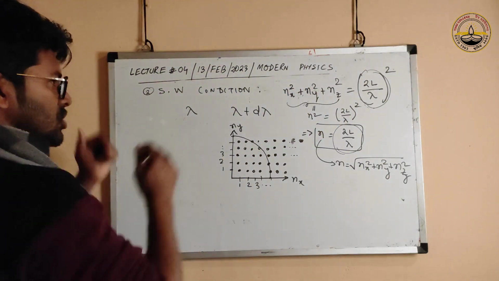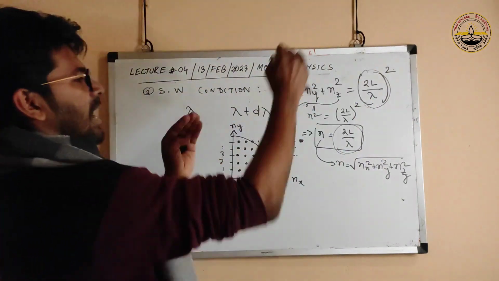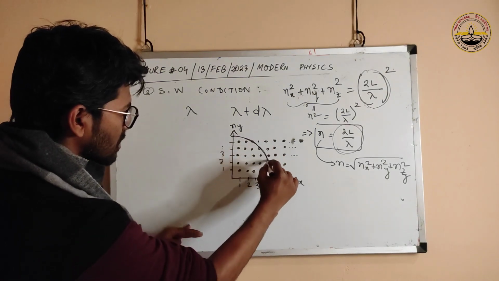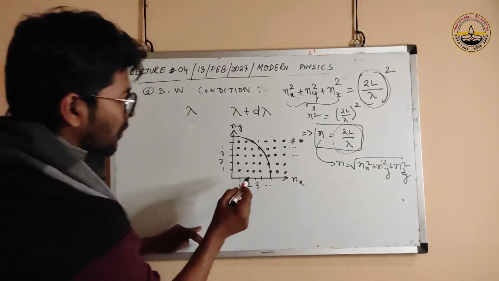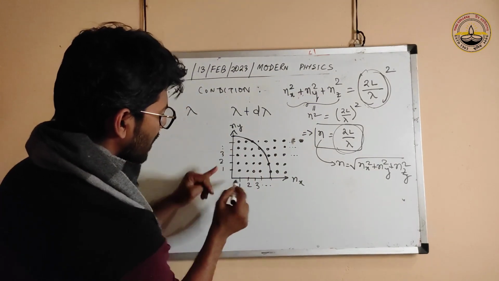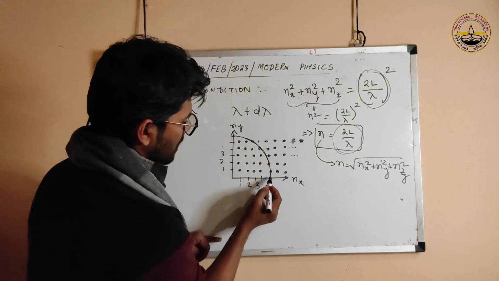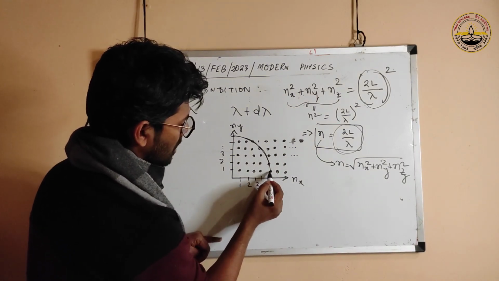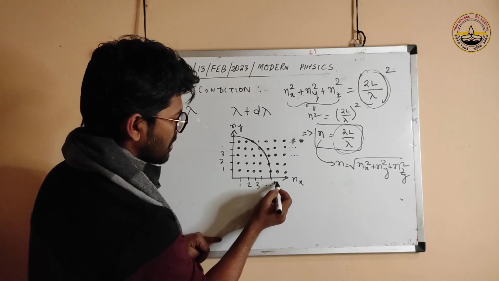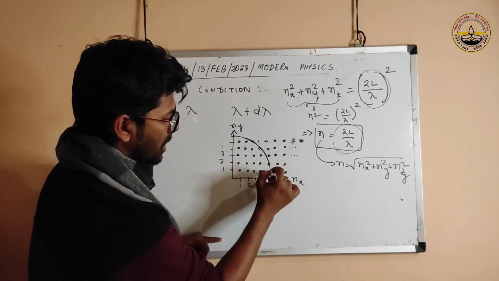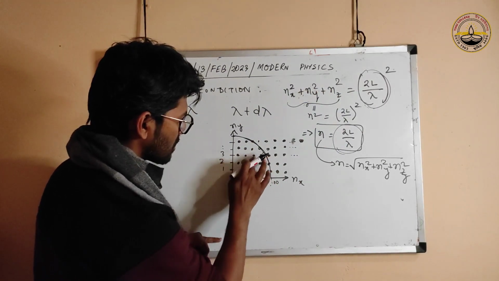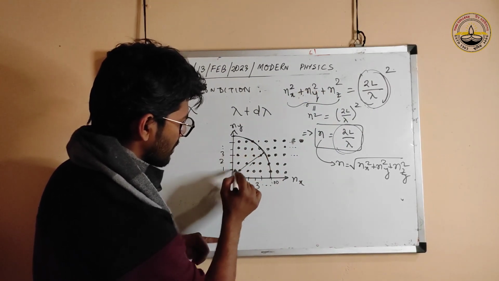So for some lambda we will have such a fixed circle, and various combinations, like 100 comma 1, satisfy this equation for this particular radius n.